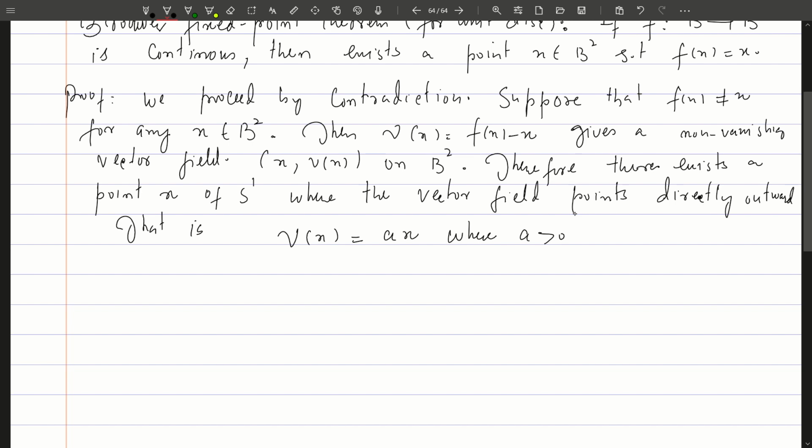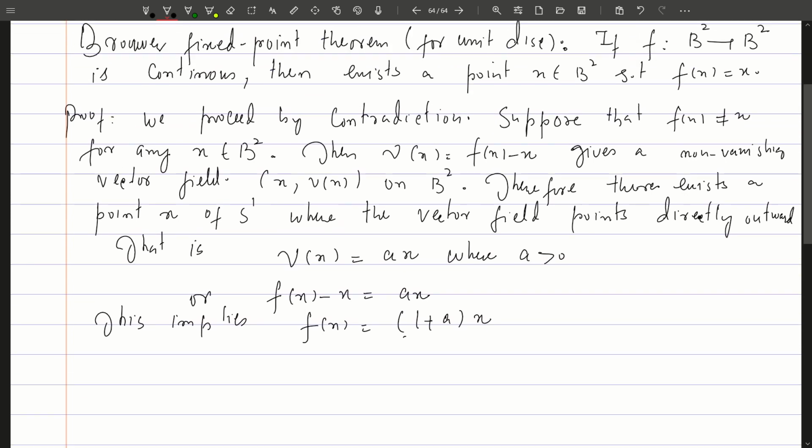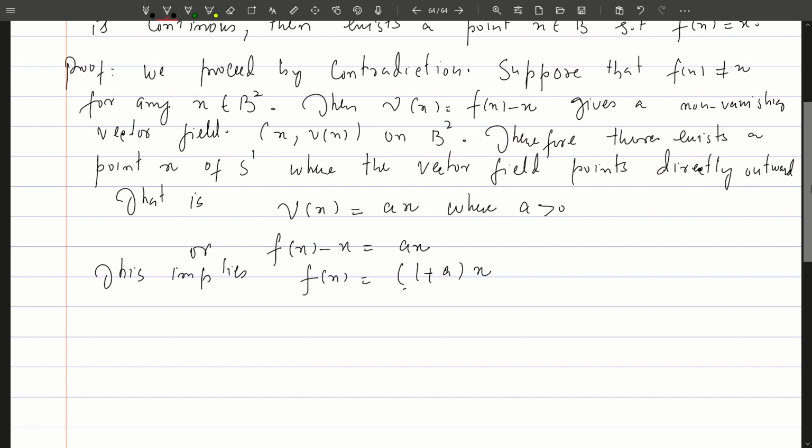But this is the same as f of x minus x gives a x. So this implies f of x is the same as (1 plus a) times x. Now one can note here f is a map from B2 to B2. So if we look at the norm of this vector, it is bigger than 1. So it lies outside B2, which is not the case.